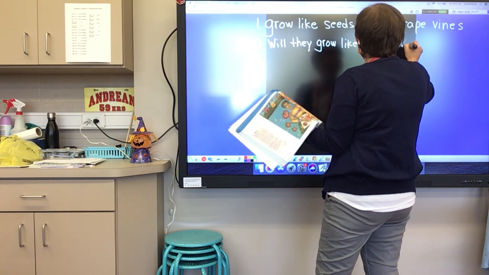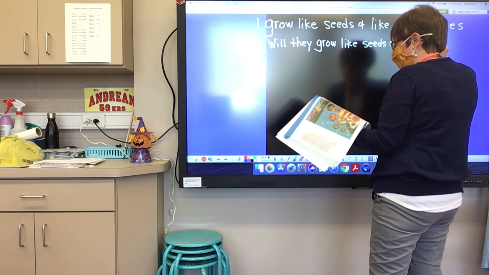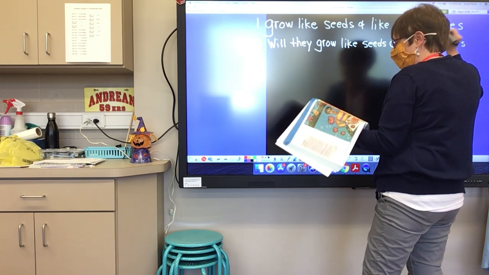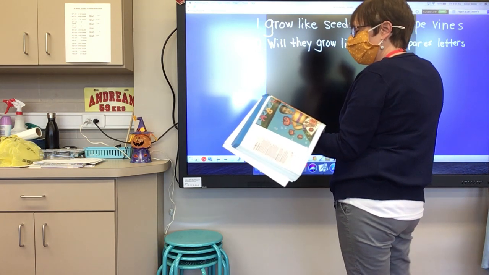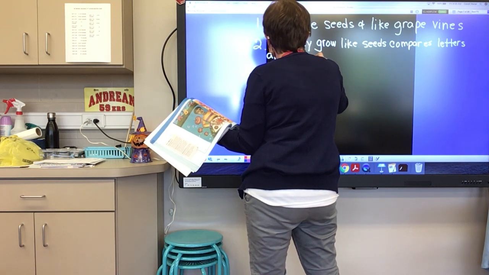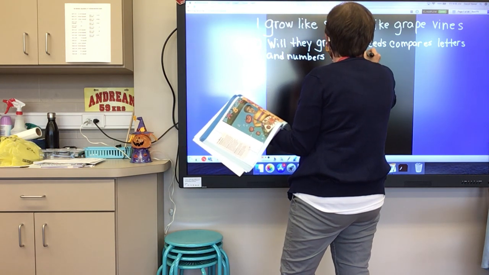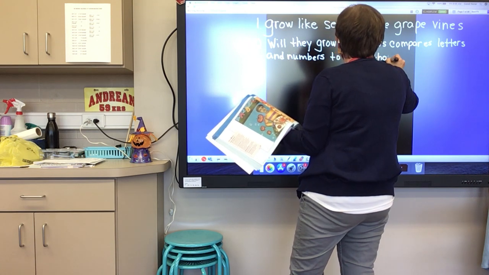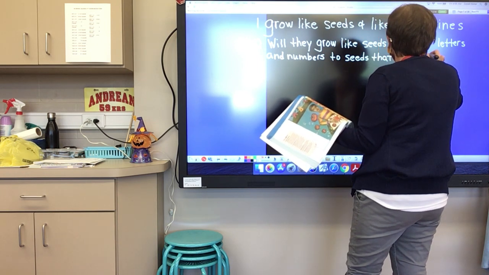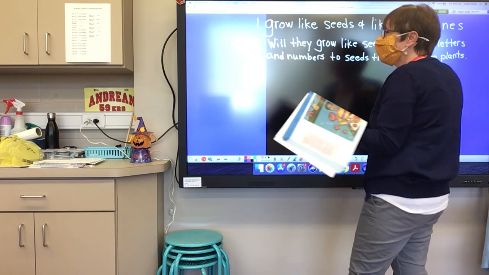Compares letters and numbers to seeds that grow into plants. Okay, so that's our first simile.